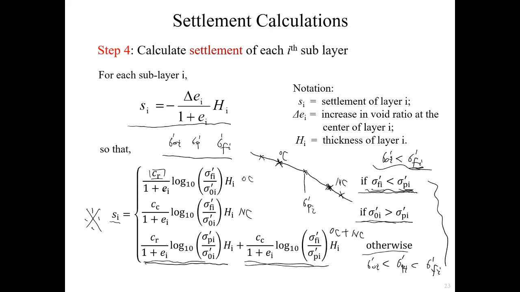Normally, those CC and CR are provided in the question, so you don't need to worry too much. And this HI will be the height of each layer, so that will surely be provided as well. So you only need to worry about sigma OI, sigma FI, and sigma PI.